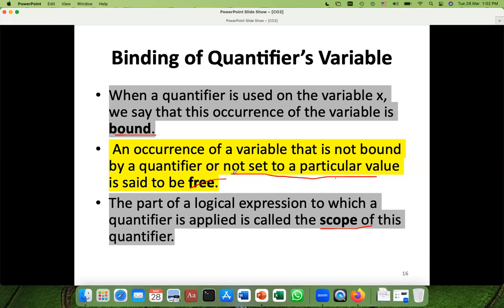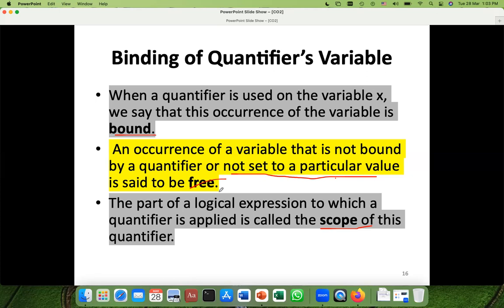Or if a variable is not set to a particular value, which means no value is given to the variable in terms of the domain value, then that variable would also be called free.